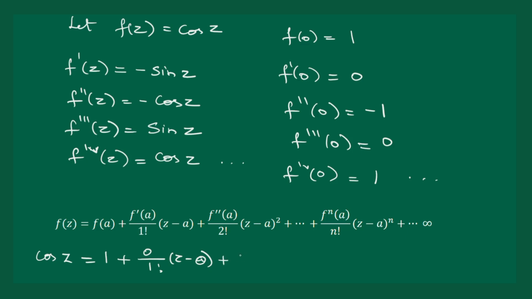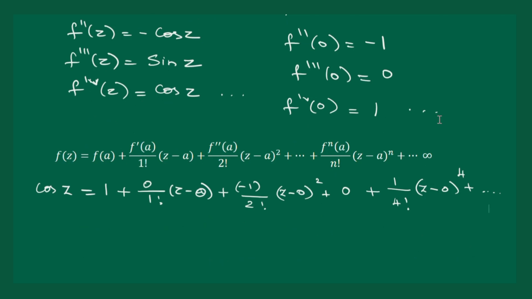Plus again this will become minus 1, because f double dash is minus 1, divided by 2 factorial into z minus 0 whole square. Next will be 0, because for the triple dash it is 0. So 0 into anything is 0. Again for the fourth term, the fourth order derivative of 0 is 1, by 4 factorial into z minus 0 whole power 4 plus etc. It goes on like this, right?